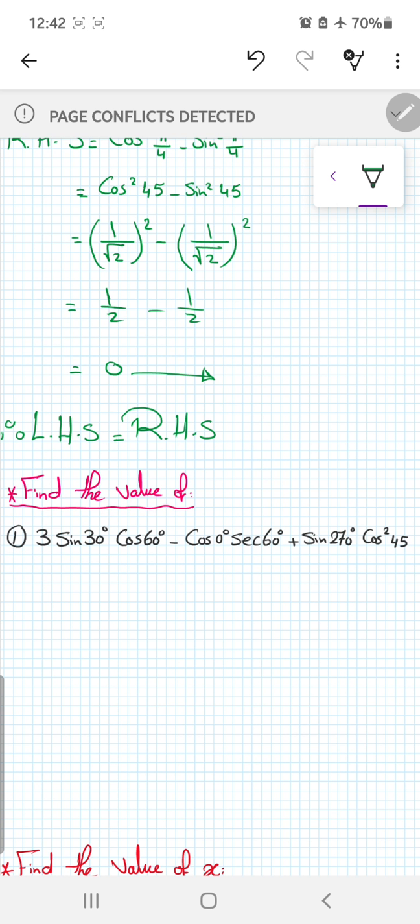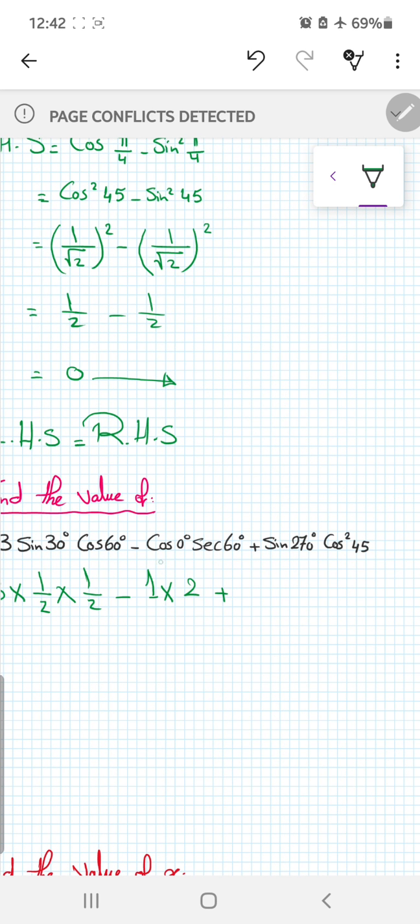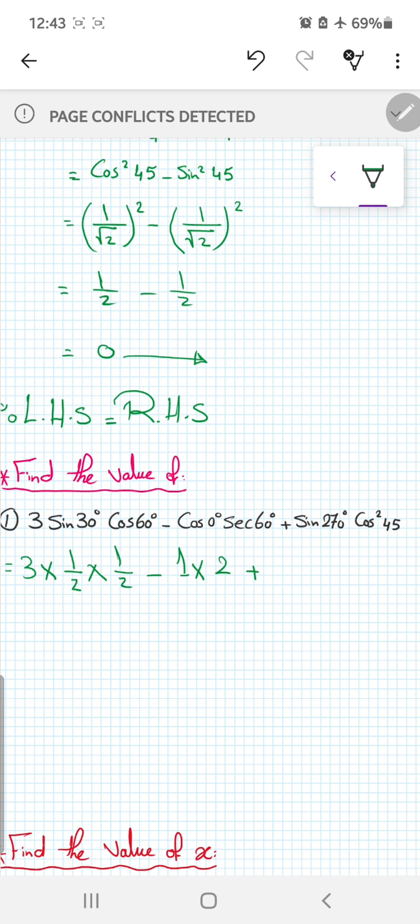First, 3 multiplied by sine 30, which equals half, multiplied by cosine 60, also half, minus cosine 0, which is 1, multiplied by sec 60, which equals 2, plus sine 270 equals negative 1, multiplied by cosine squared 45, which is 1 over root 2 all to the power 2.